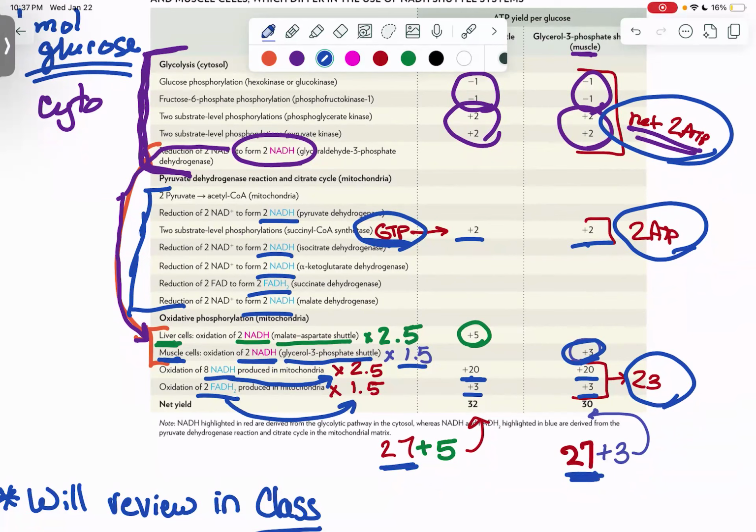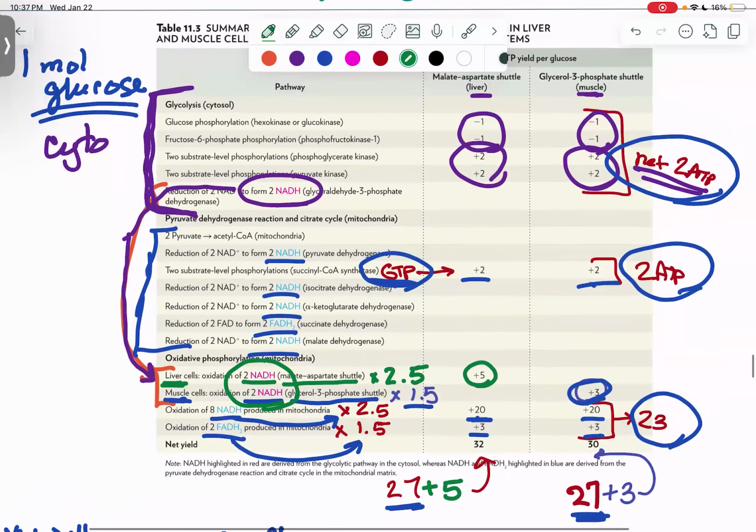Now, what's going to be different is my NADHs that were generated in glycolysis. Are we in the liver and going through the malate aspartate shuttle, or are we in the muscle and going through the glycerol 3-phosphate shuttle? If we are in the liver, we're going to go through the malate aspartate and we're going to get 5. So we're going to do 27 plus 5, and we're going to get a net of 32.